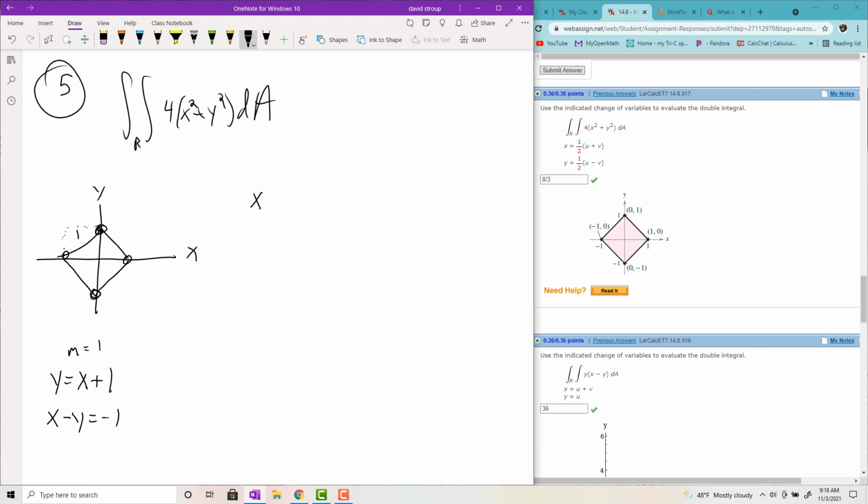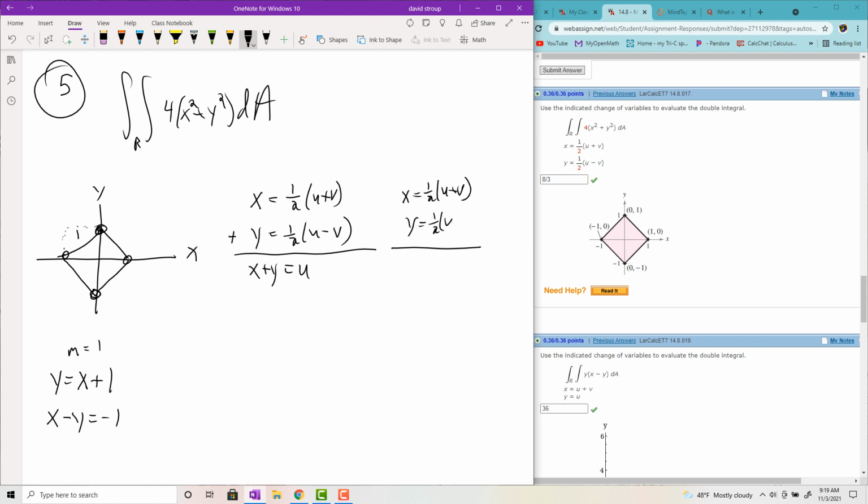Because if you look at the u subs here, and then y equals 1/2 times u minus v, you have that same phenomenon going. If you add x plus y, you're going to get 1/2 u plus 1/2 u, which is u. If you subtract x and y, you're going to get x minus y equals v.